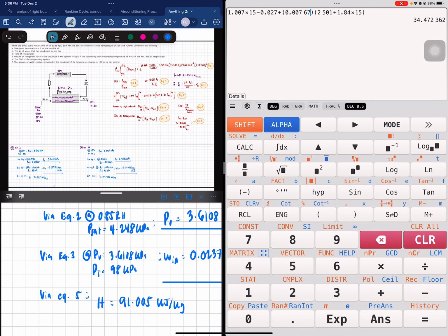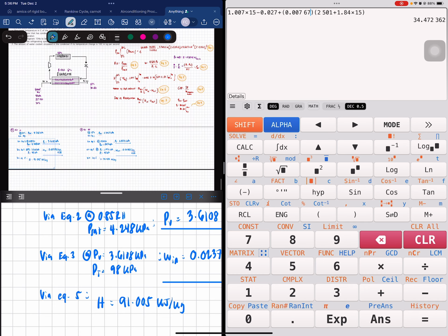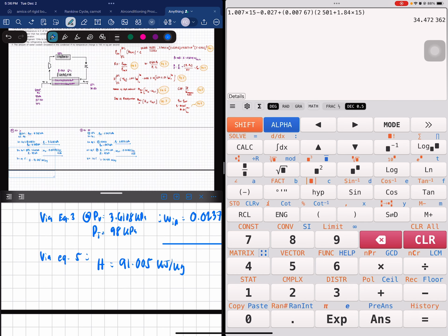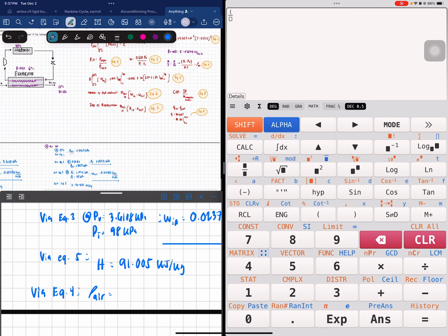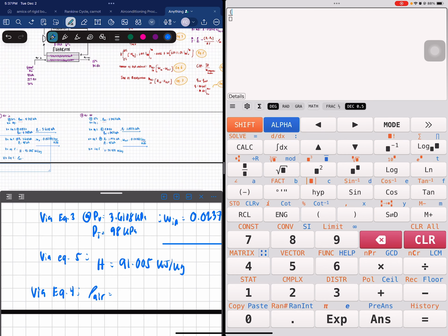What else? Via equation 4, the density of air is what? So again, what is our equation 4? It's PT minus PV over RT. PT minus PV is what? 98 minus vapor pressure 3.6108, over 0.28708 times 30 degrees plus 273.